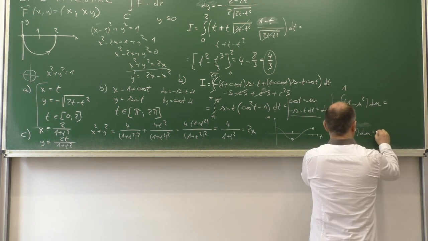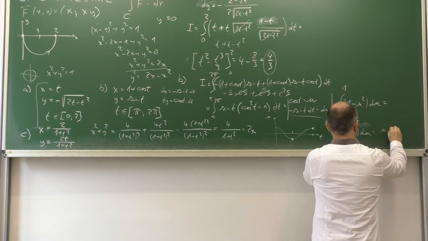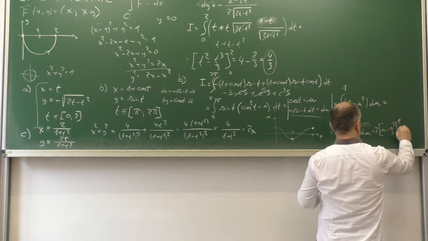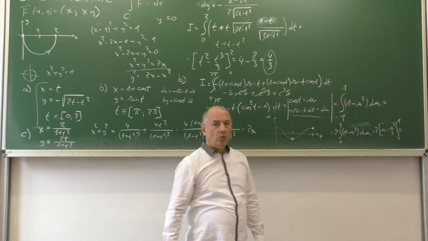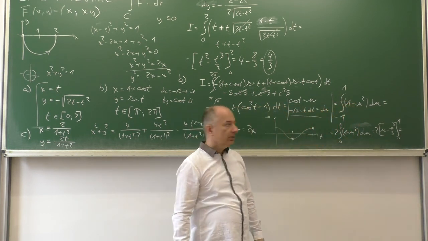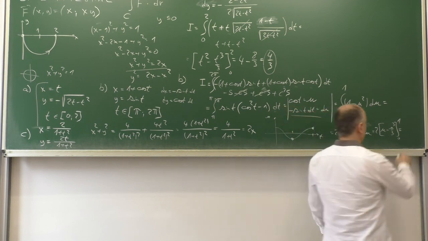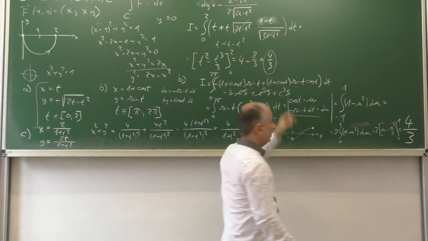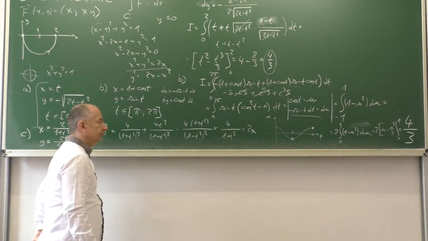Then the antiderivative is u minus u cubed over third from 0 to 1, which is 1 minus 1 third, which is 2 thirds, times 2 is 4 thirds. In perfect agreement with our previous computation.